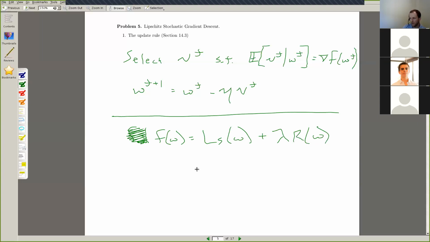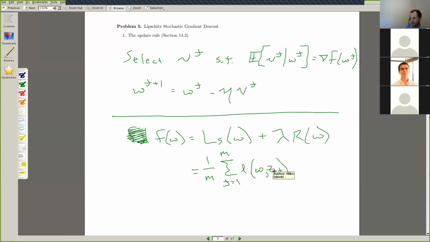And this training loss, again, is equal to 1 over m sum from little t equals 1 to m of loss of w comma z sub t.